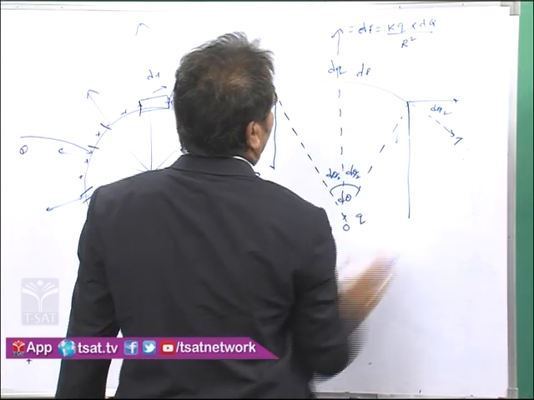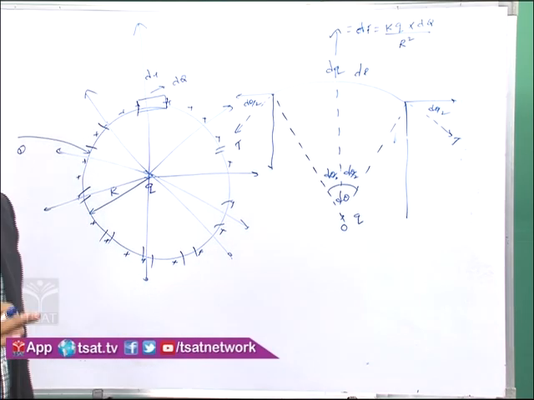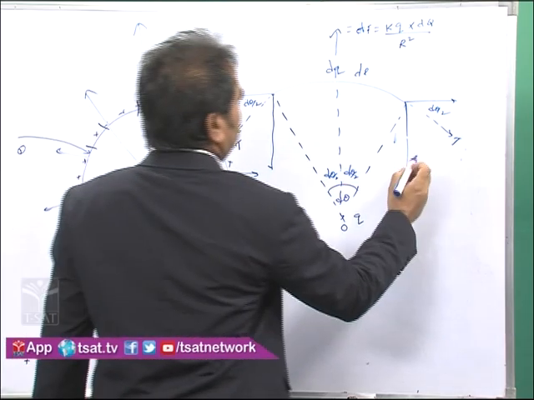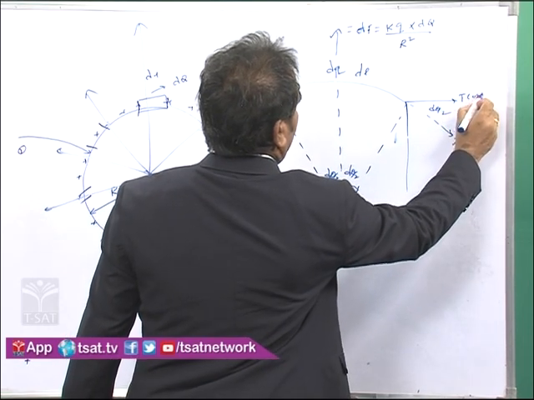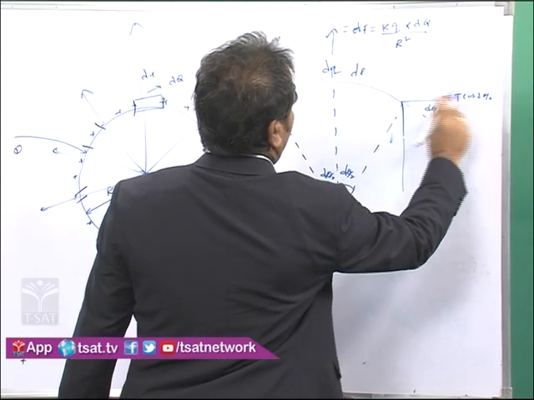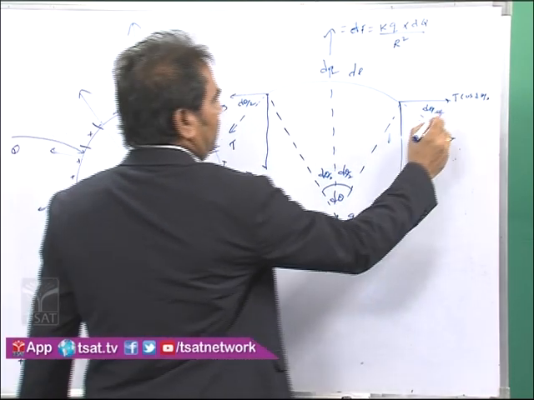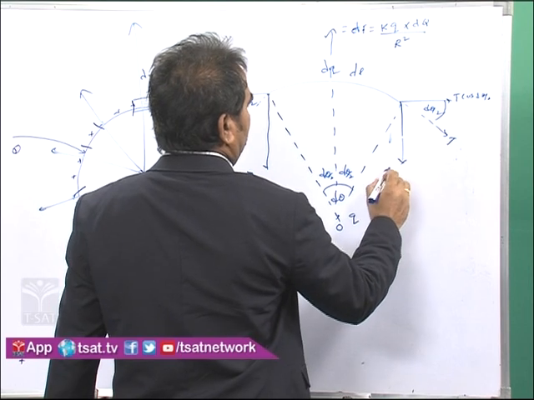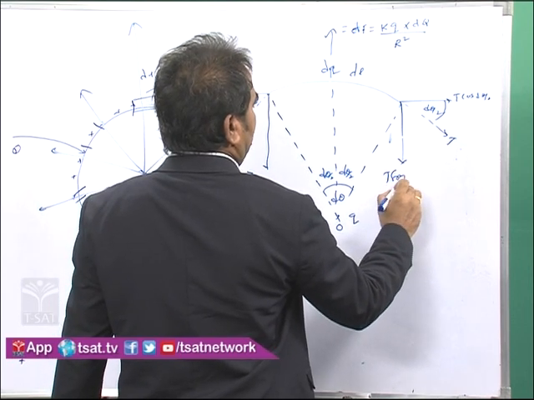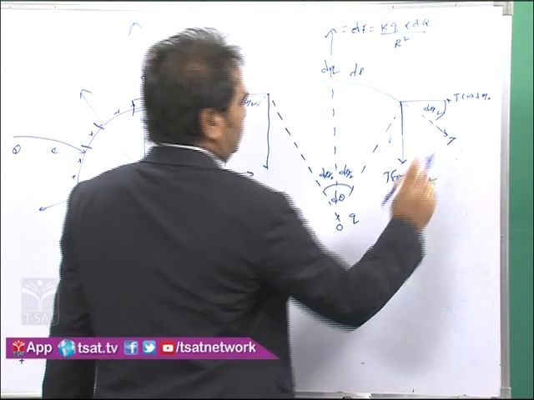Here the tension force can be resolved into two rectangular components. The first one is T cos d theta by 2 in the direction of the angle, and the other is T sin d theta by 2.